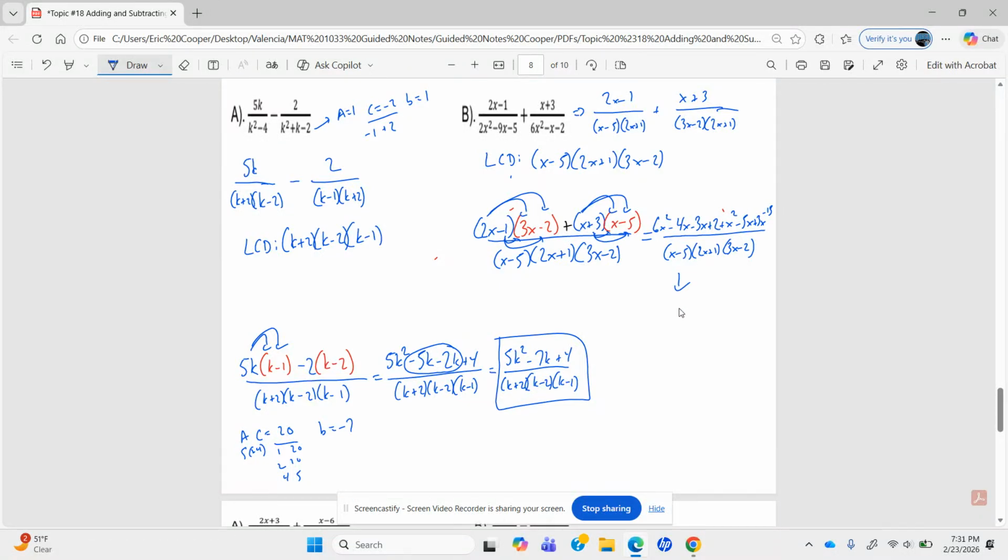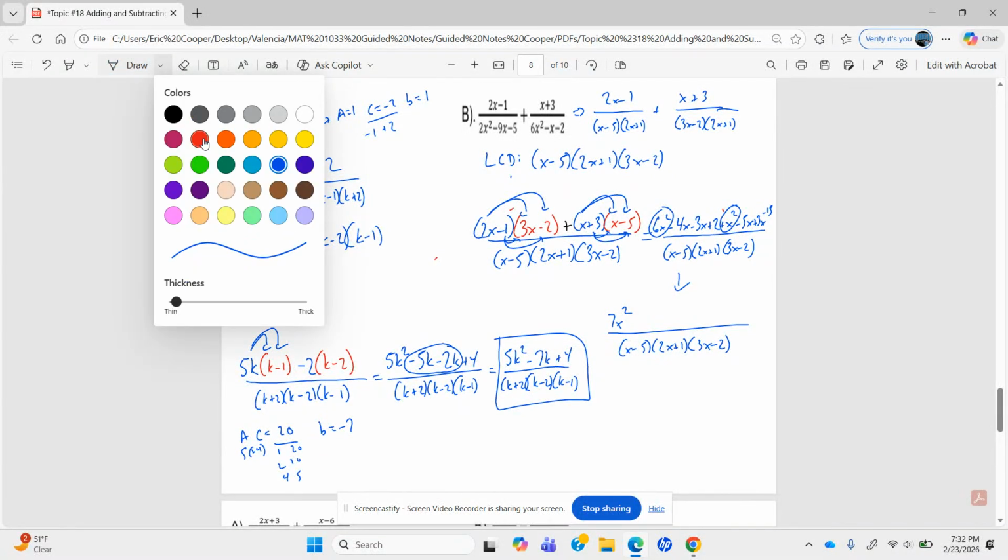We're going to look to combine like terms. Again, we're keeping the denominator the same. We don't need to touch the denominator until the very end, if we need to touch it at all. Here I've got 6x squared plus 1x squared. That becomes 7x squared.